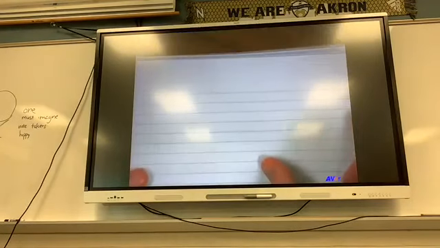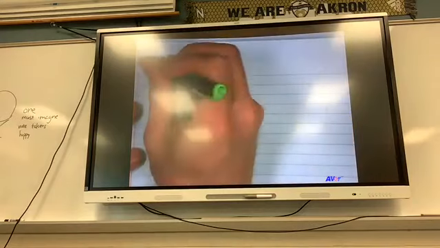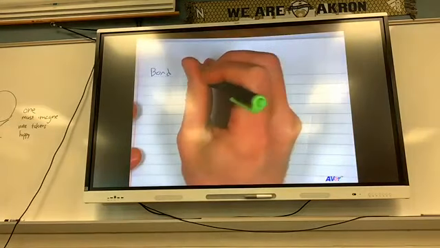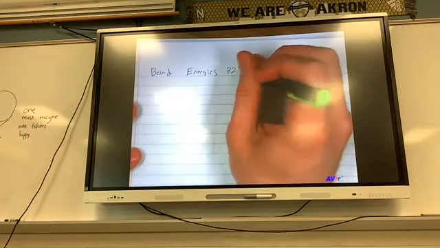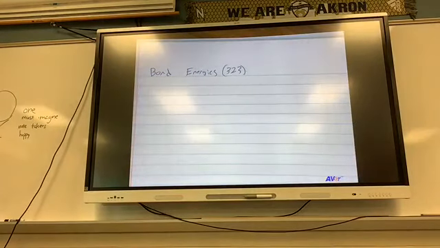Okay. The next thing that you're going to have to be able to calculate is bond energies. This is page 323 in the book. On page 323, they give you a list of bonds.